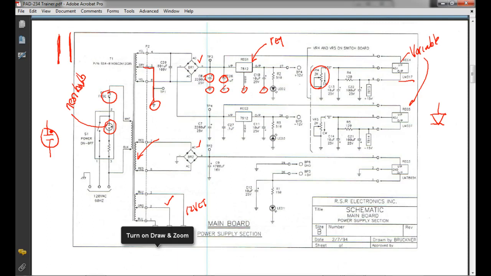We don't like that, does it? So let me see, how can I get this thing off the draw? I can't remember how to get it off the draw.